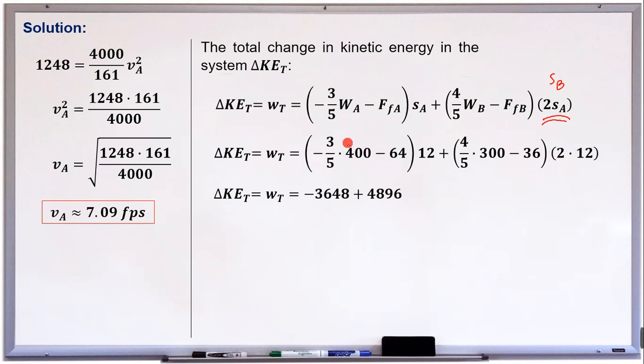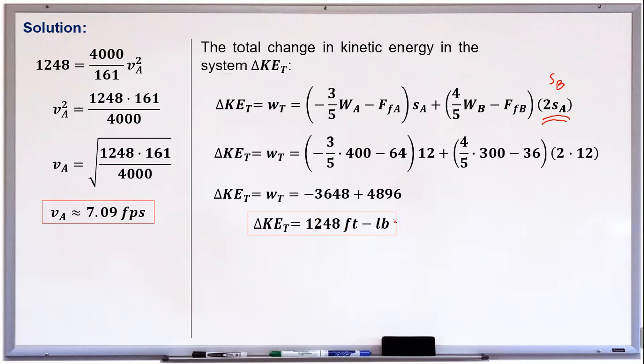Now, I'm simplifying these terms on the right side of our equation. So we have the total change in the kinetic energy is equal to negative 3648 plus 4896. So we have a total change in the kinetic energy of the system equal to 1248 foot-pounds.